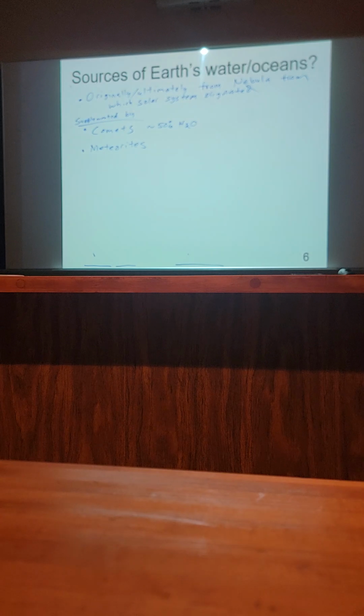Now, a lot of this water, when the Earth first formed from this nebula, ended up kind of internal, inside of the Earth. And so in order to form an ocean, this water has got to get to the surface.